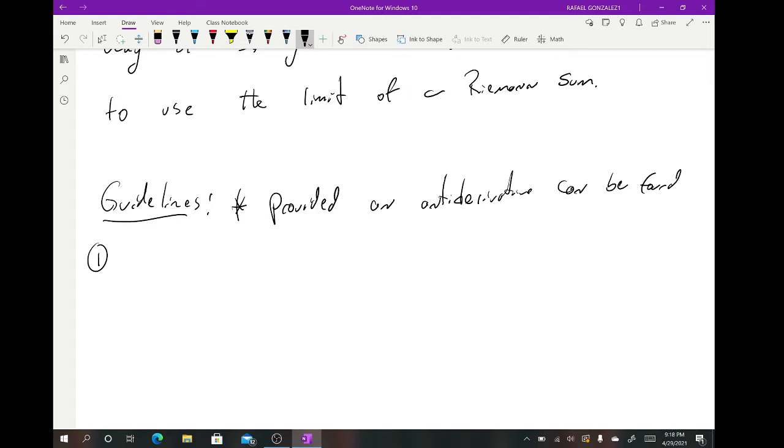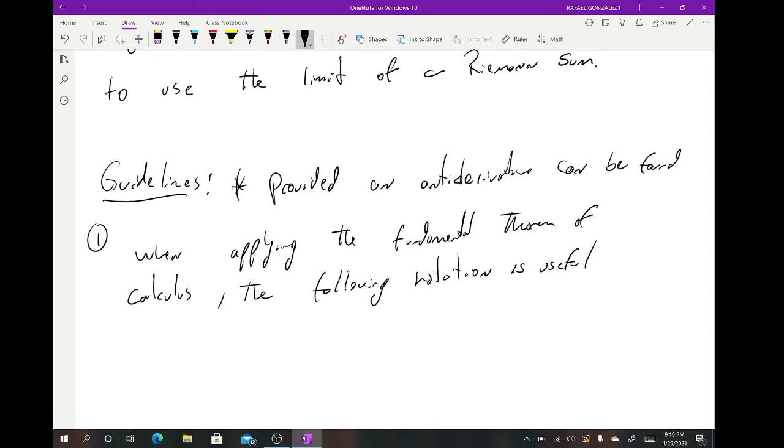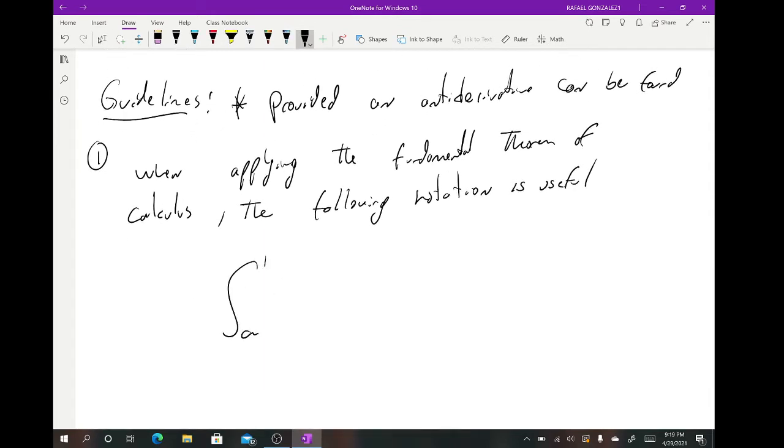In any case, number one, when you apply the fundamental theorem of calculus, the following notation is very useful and it's very standard. So let's say somebody gives you the integral from a to b of f of x dx. Let's say you actually find out what that antiderivative is.